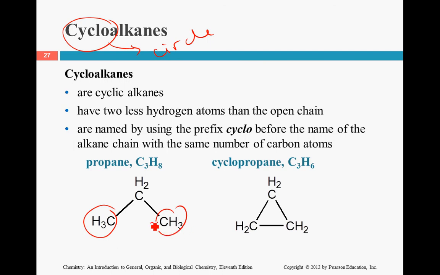Both of them, so we have a hydrogen, hydrogen, hydrogen, hydrogen, hydrogen, hydrogen if we were to write it out in the expanded formula. Basically what happens is this hydrogen and this hydrogen goes away and they bond to one another instead. So it's still propane because there's still 3 carbons and they're all still 3 single bonds. We're just going to put the word cyclo in the middle.